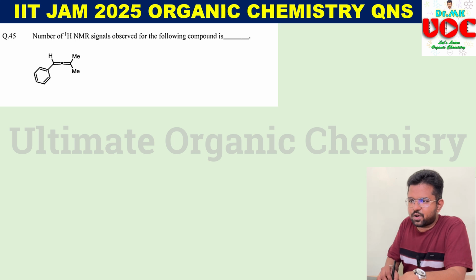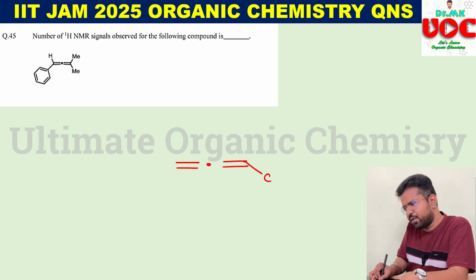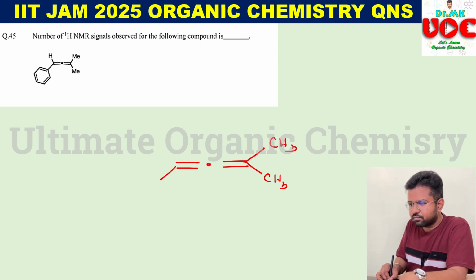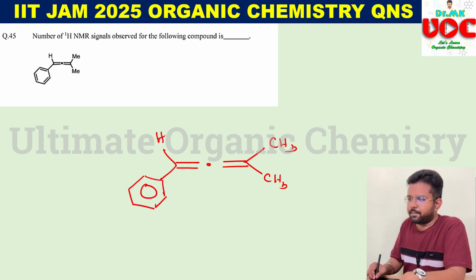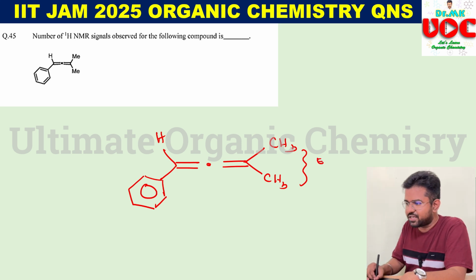And this question is involving NMR signals. You need to find the number of proton NMR peaks for the given molecule. So these two methyl groups, if it is a simple alkane, these two methyl groups are diastereotopic in nature, but this is an alkene compound, so these two are enantiotopic. So these are enantiotopic methyl groups.